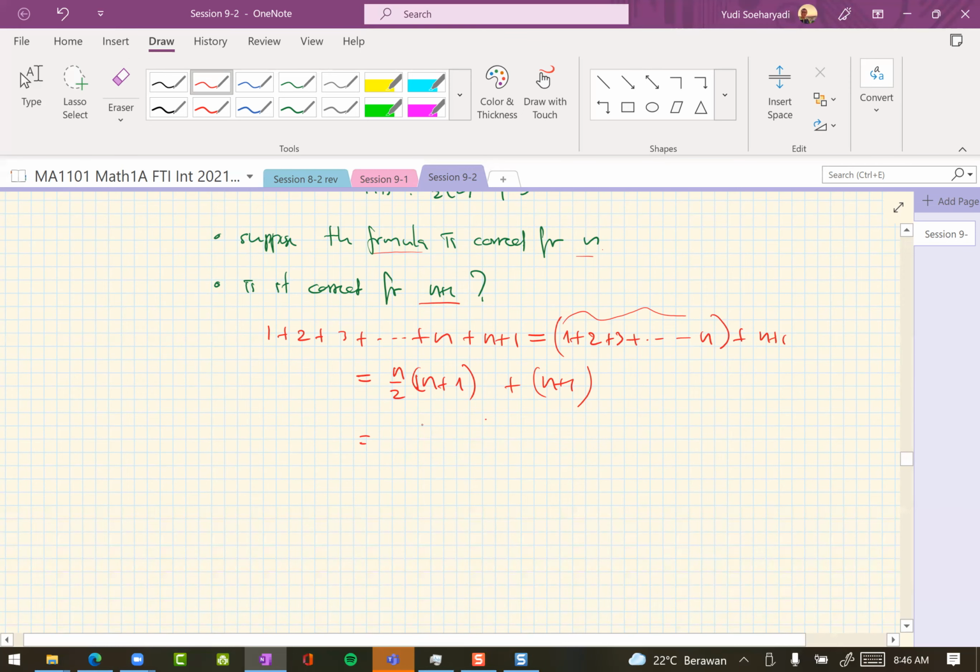Factor the n plus 1. So this gives you n over 2 plus 1, just factor this out.